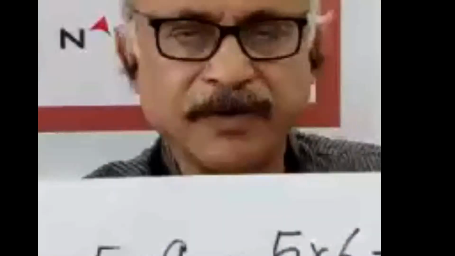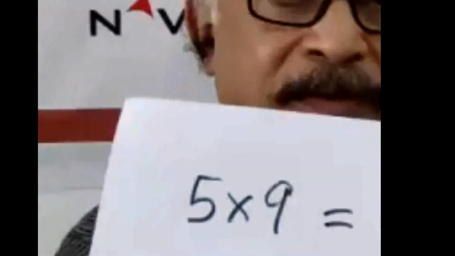We saw this earlier. Now here I want you to replace 9 in this equation by 6 plus 3. And how will you write it? Let us see what Navnirmiti has written.